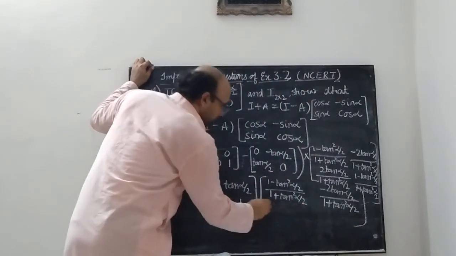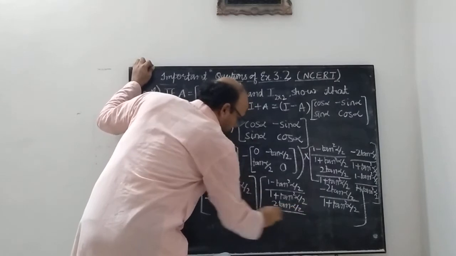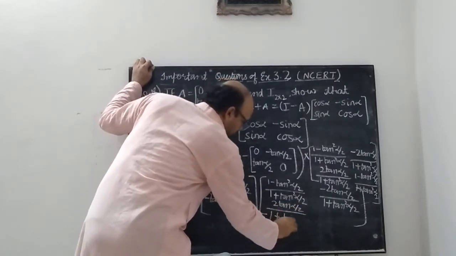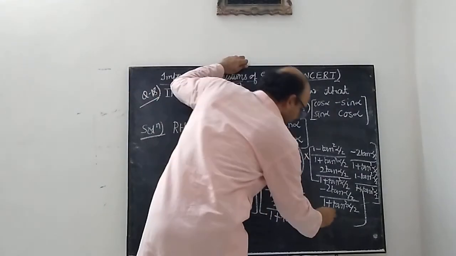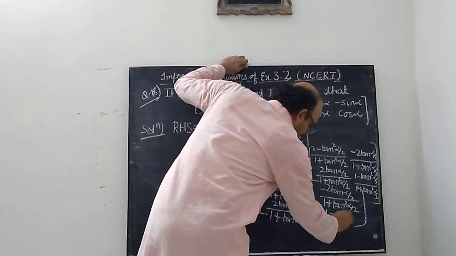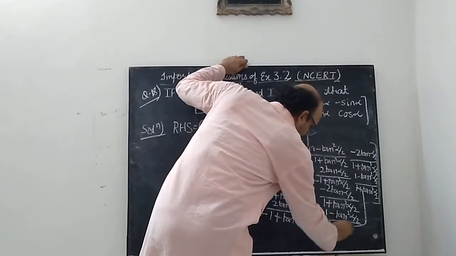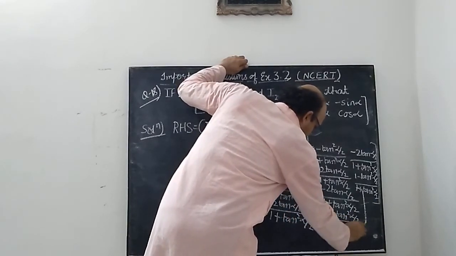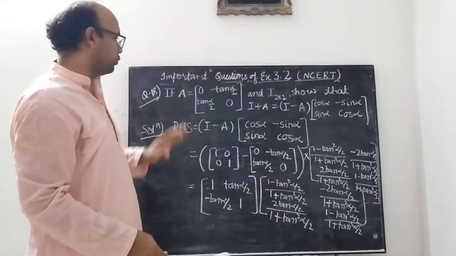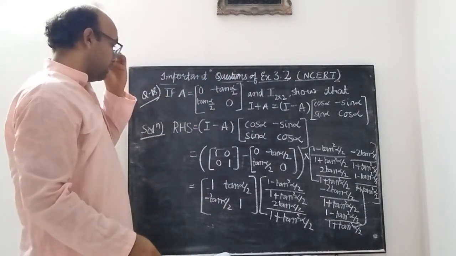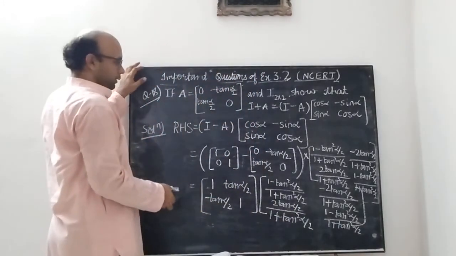You have then 2 tan alpha by 2 upon 1 plus tan square alpha by 2, and then you have 1 minus tan square alpha by 2 upon 1 plus tan square alpha by 2. So we just have to now multiply these two, and then we will get the results what we require.